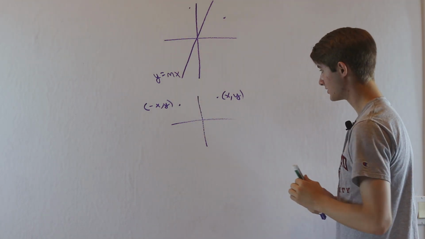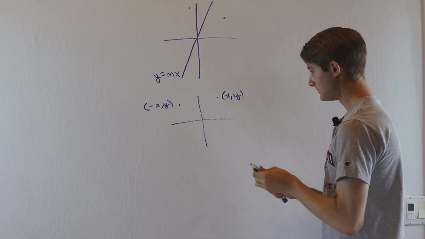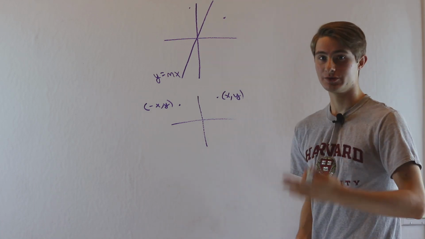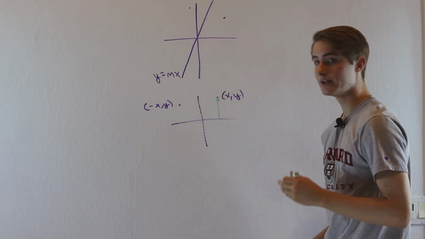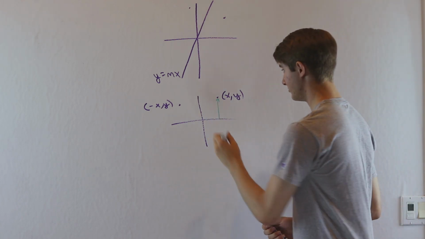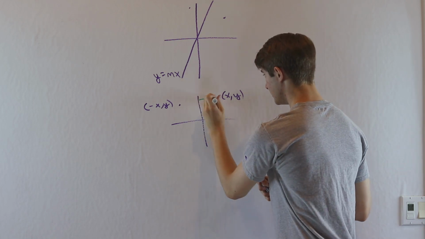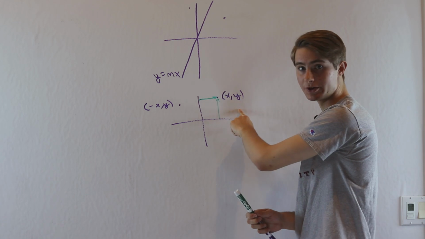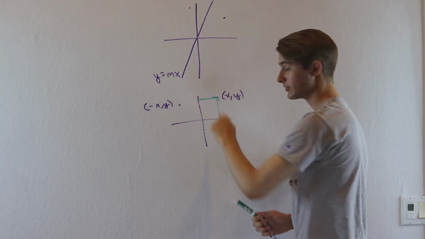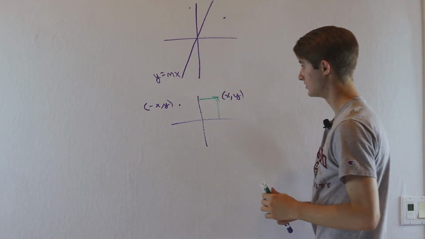So let's look at this a little deeper. First of all, instead of thinking about x and y components, we want to think about the parallel and perpendicular components of some vector. So if we think about this point as having parallel and perpendicular components, then it becomes a lot easier to deal with.